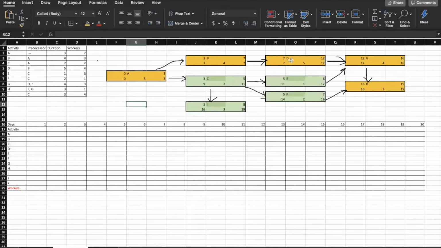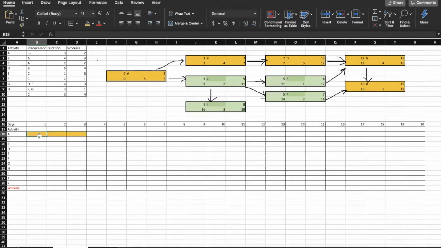So now we would complete our Gantt chart, which would give us the total number of workers that we need for each of the days. And we know that activity A would take us 3 days, so we are highlighting 3 cells.